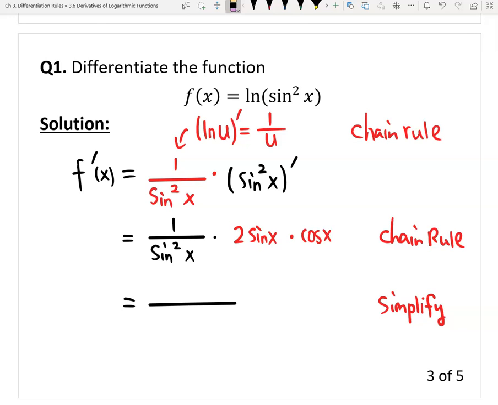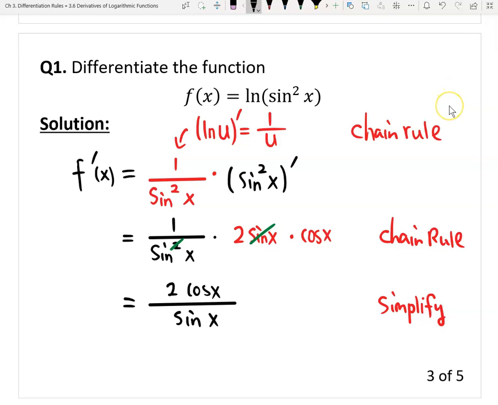We're going to simplify, which is sine x on the top. Can you see? And sine x on the bottom. So we cancel, dividing out one sine x. So what is left on the top? The top is 2 cosine x. What is left on the bottom is sine x. Okay, now we don't need to stop here because cosine x over sine x, the quotient rule tells us, is cotangent x, right?